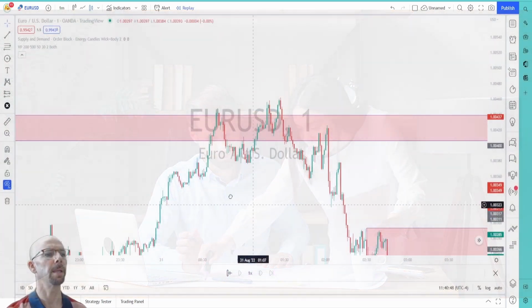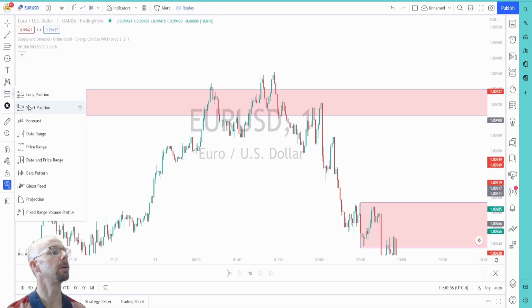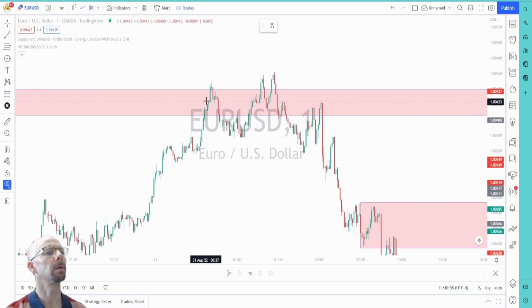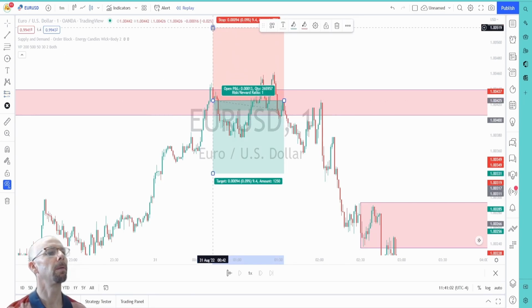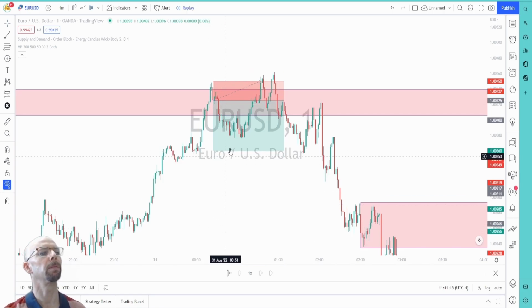You can see again how price came up into the area, and that would have been a possible entry. But then looks like you would have been stopped out of that. So you would have lost that trade.